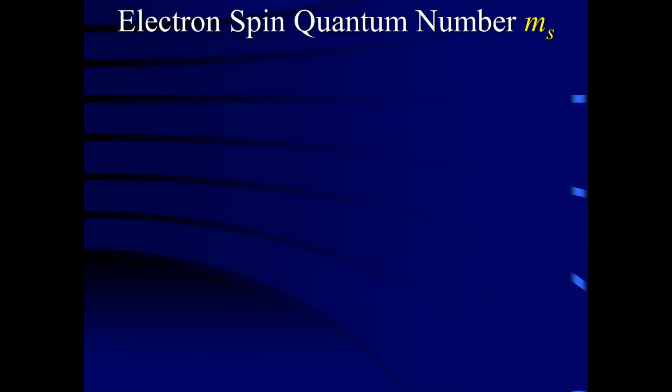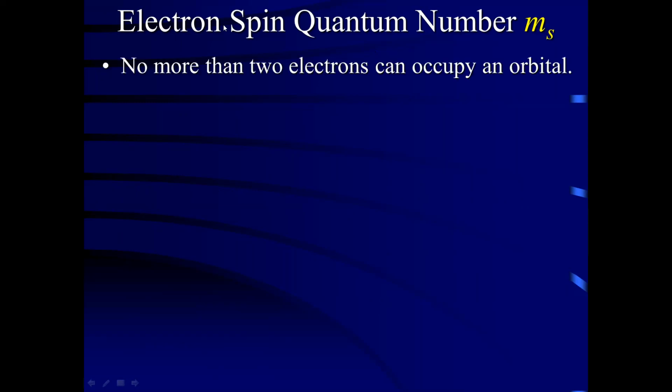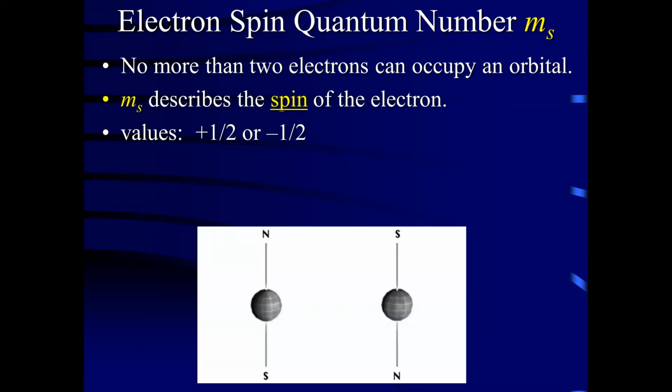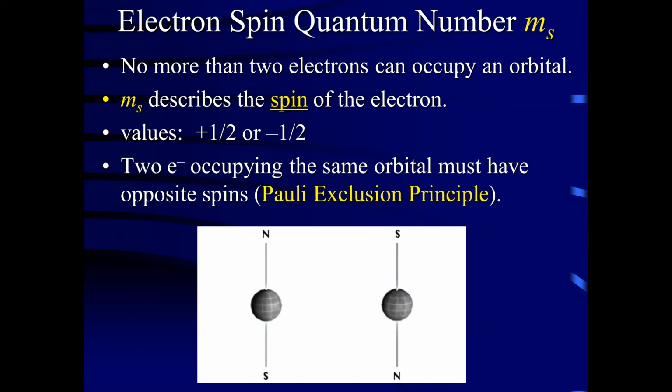So here, we introduce the last quantum number. We call it the electron spin quantum number. We use m subscript s, where the subscript letter s means the spin. There's one very important principle in this chapter, called the Pauli exclusion principle, from a German scientist, Pauli.